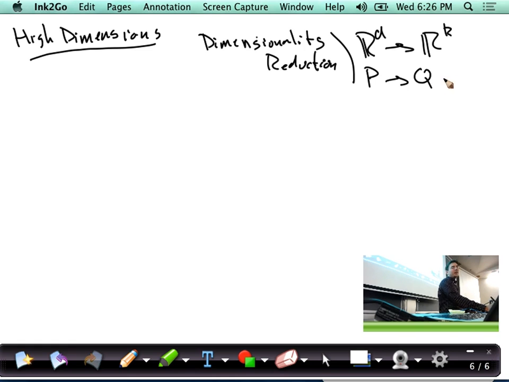And you want this one to behave similarly to the original, but with lower dimensions. We'll talk about this a bit later, but often this k ends up being somewhere between 20 and, say, 500.